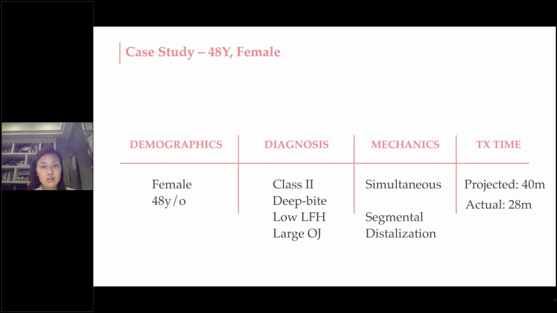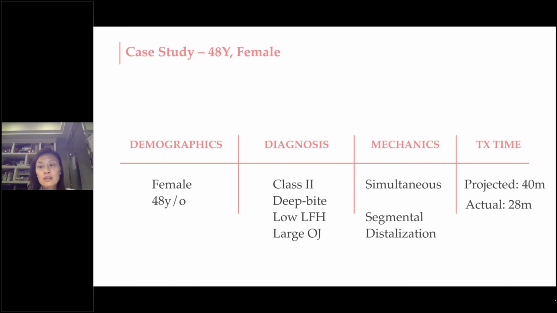It's also a class 2 deep bite with low facial height and large overjet, similar to the first growing kid. However, because she was middle aged, I tried to do non-extraction with TADs. I wanted to do anterior retraction with TADs, so I designed all these mechanics for her, and then we'll see what happens.